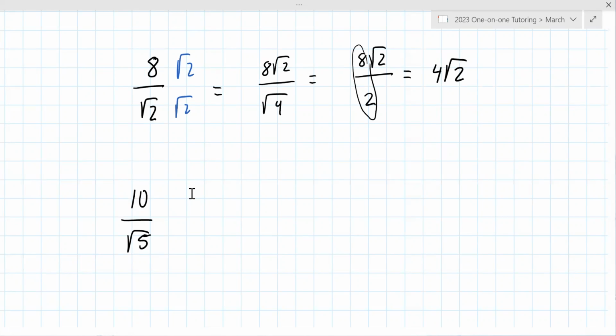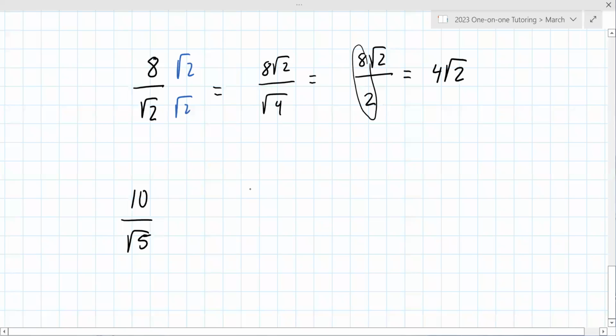It would be 10 square root of 5 over square root of 25. But what is the square root of 25? 5. Does that allow you to reduce anything? Yes, it does. So 2 square root of 5. Very good.